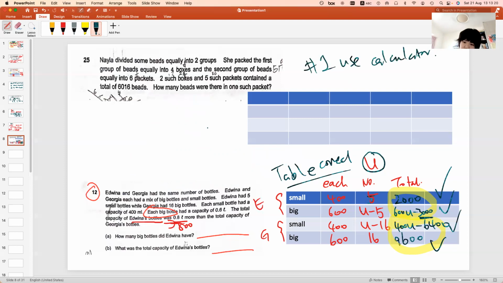I don't have a calculator with me. My phone calculator is not as good as yours, and I don't really like to use the calculator on my phone. Okay, so number one, use a calculator. Don't use mental. Number two, of course over here I have the table, and then I have to write here. So you need to clearly write down the things. But anyway, the mistake I make is also mainly due to the calculation.